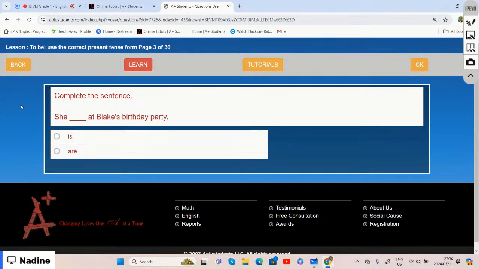She, we're referring to one person. If we're referring to one person, do we say she is at Blake's birthday party or she are at Blake's birthday party? Which one is correct? We're referring to one person.